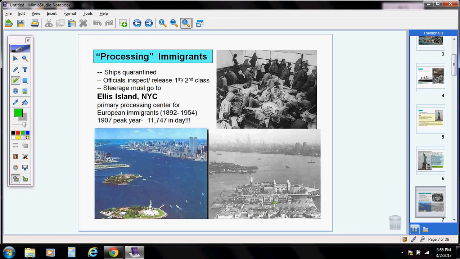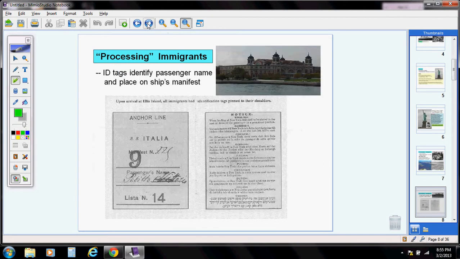It also had offices and a hospital, but this is the main building where most of the processing took place. When immigrants got off the boat at the main building on Ellis Island, they were given ID tags, which basically told which ship they had come in on and where they would be found on the ship's manifest.